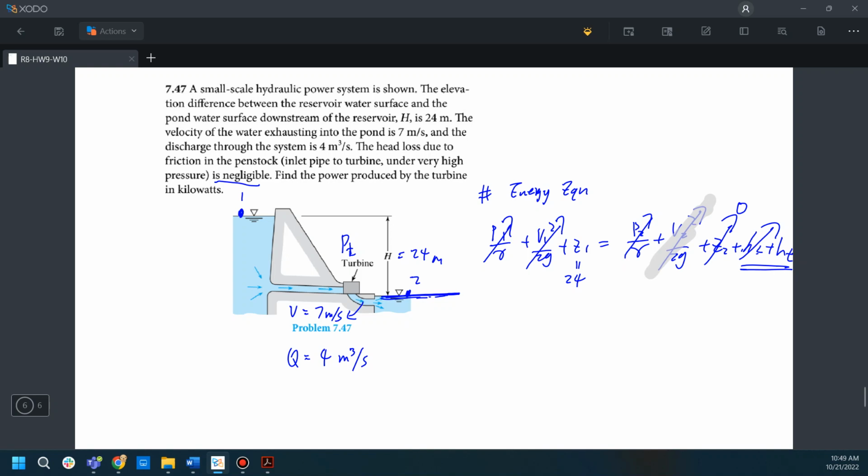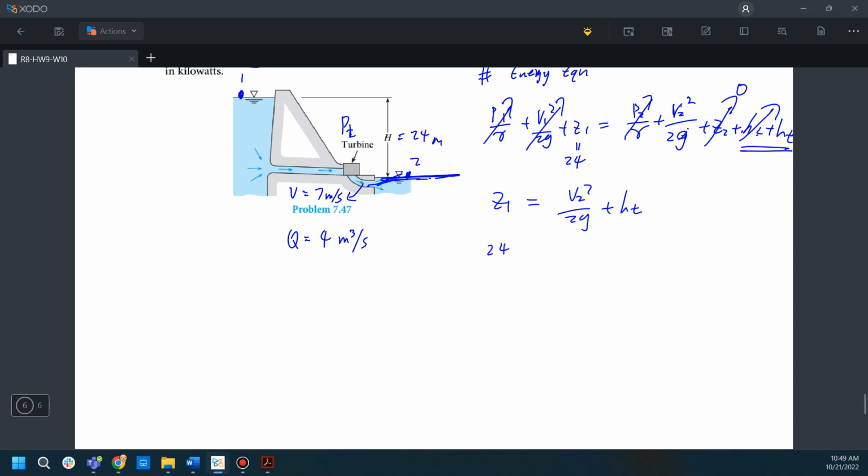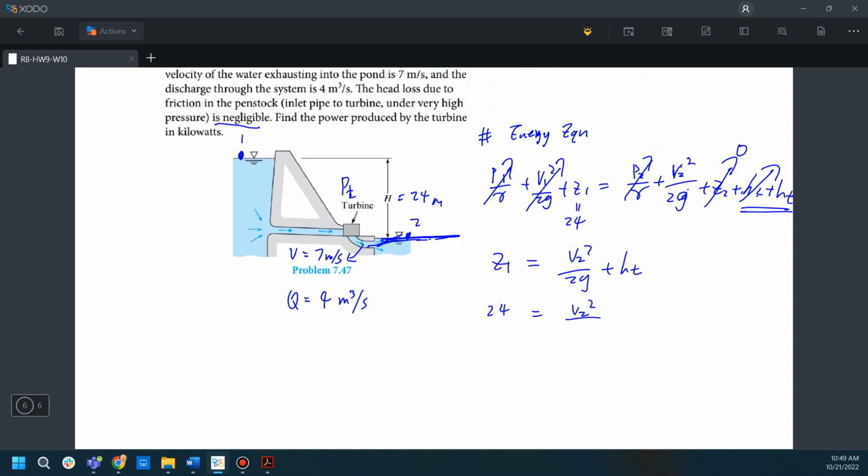And we do have the velocity term at point 2, because the water flushes out this way, so we cannot ignore this part. Okay, so the simplified equation will be Z1 equal to V2 squared divided by 2g plus the turbine head. And we already know this is 24. V2 is the variable we try to solve. Actually, no, we already know V2, so let's plug in the value.